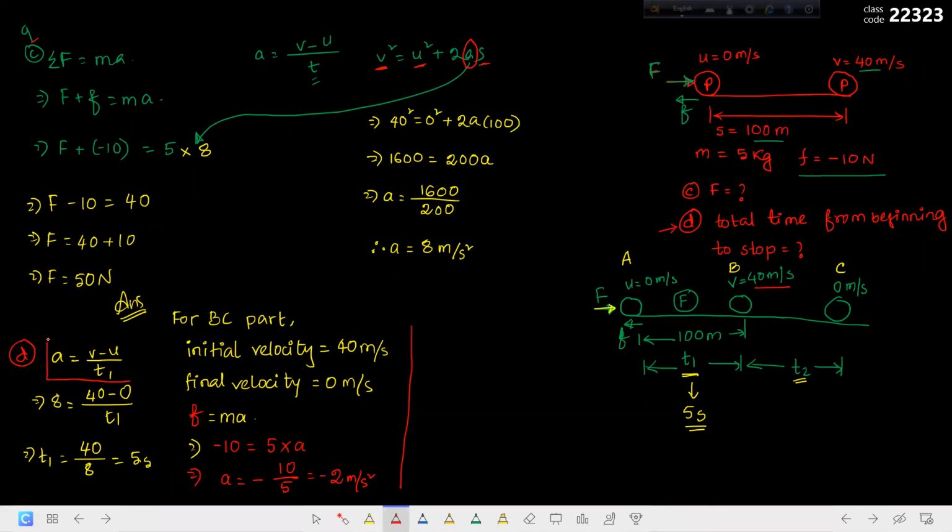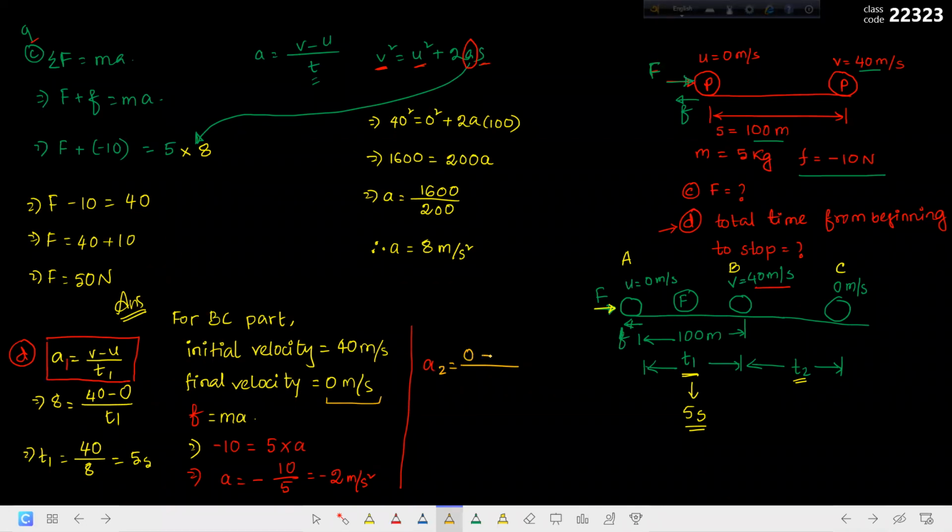A equal to V minus U divided by T2. Now in this case, it will be T2. So here I think we should mention this one as A1, because for the two parts there are two accelerations. So A1 and A2, let us mention it in this way. A2 will be equal to V minus U. V is final velocity, which we can see here is 0 meter per second.